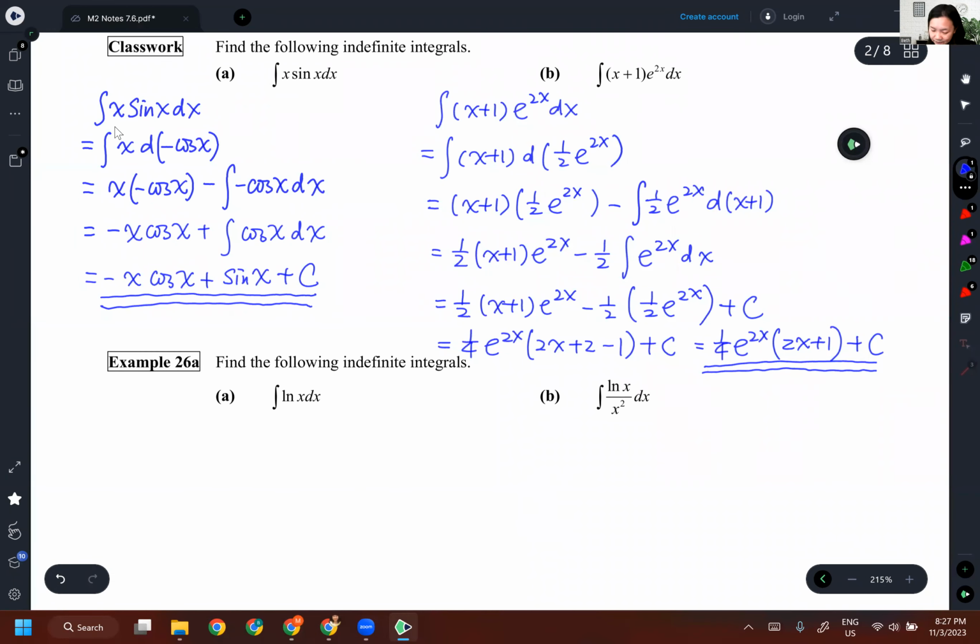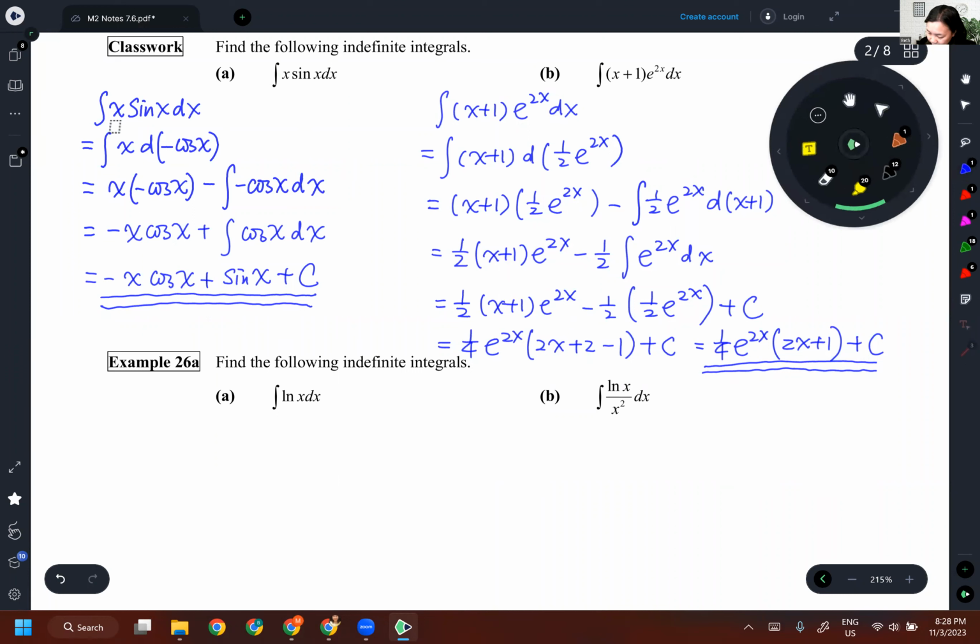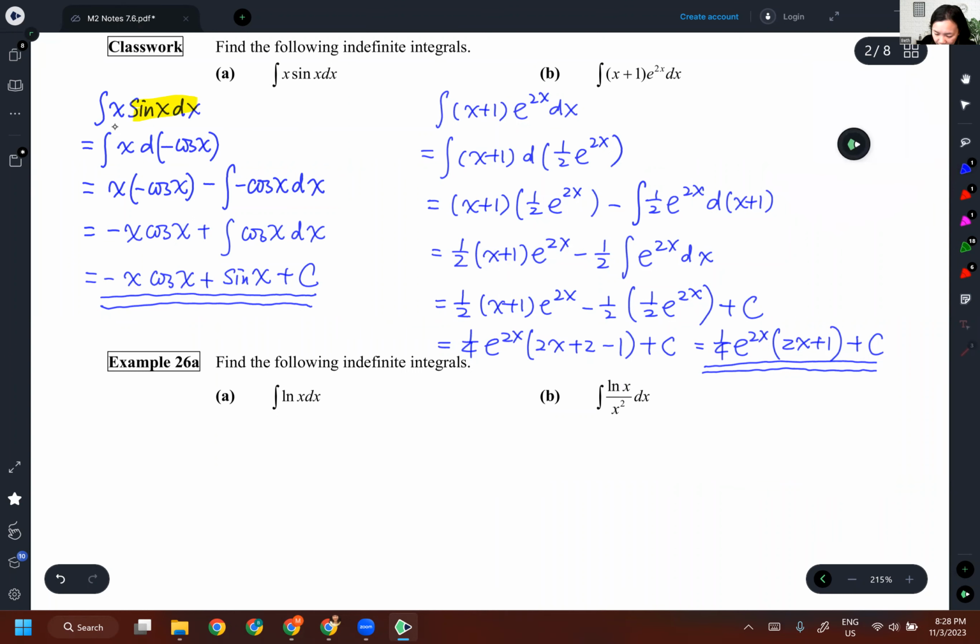For part A, you will do the trigonometric by part. Sine is d negative cosine. Again, I usually put the negative sign inside. Okay. And then it's uv minus v du. So identify which one is u, which one is v.